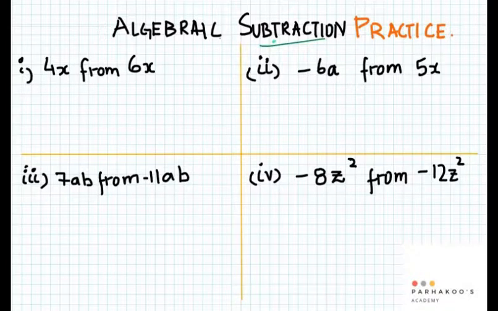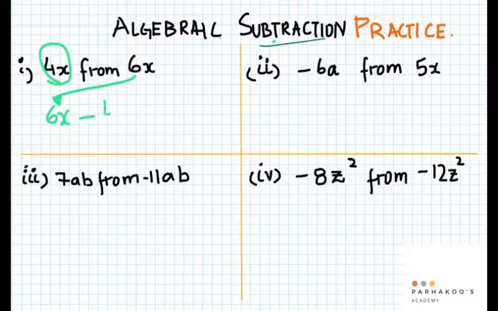Now it's time to do algebraic subtraction. So the first one is subtract 4x from 6x. So 6x we always write first. 6x minus 4x.